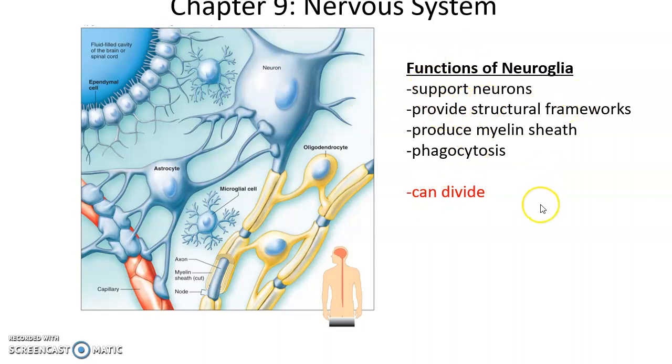They provide structural frameworks for the nervous tissue. They can produce the myelin sheath, which wraps around parts of the neuron. They can be engaged in phagocytosis to, say, clean up cell debris or get rid of pathogens. And most importantly, neuroglia cells can divide. They are able to undergo cell division.